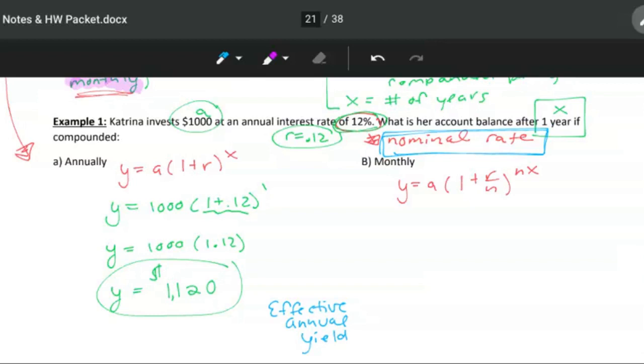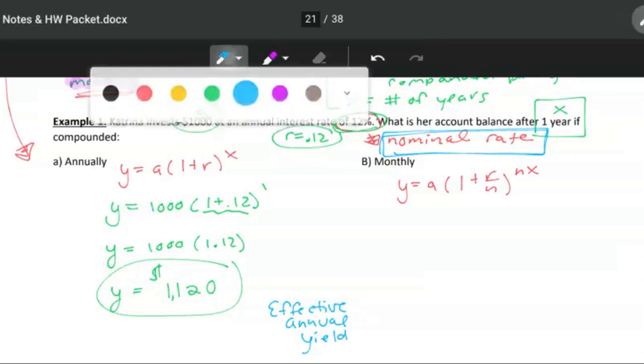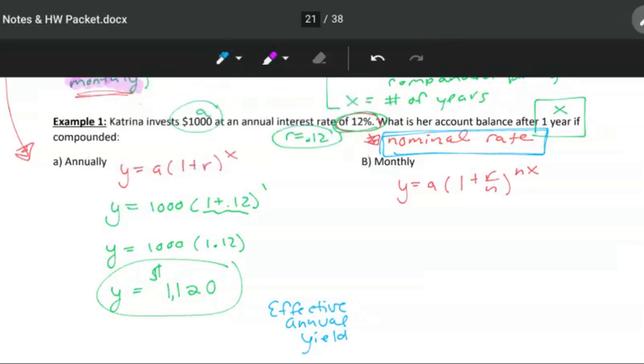Sometimes they advertise the nominal rate and what you actually get is a little bit different. The effective annual yield here, what you actually turned out to get, is really also 12%. All we were getting was an extra 12%. So in this case, the effective annual yield was 12%.